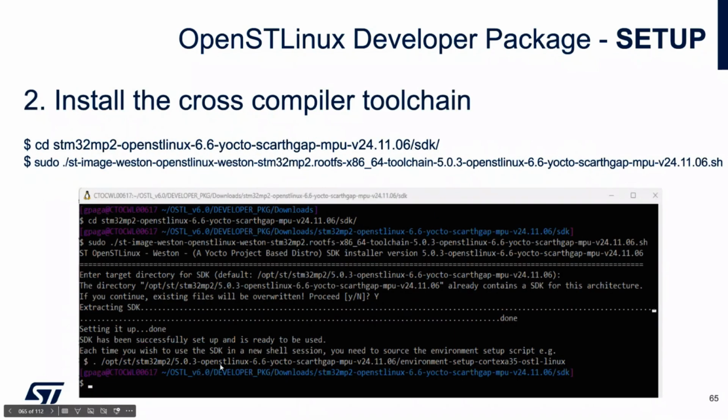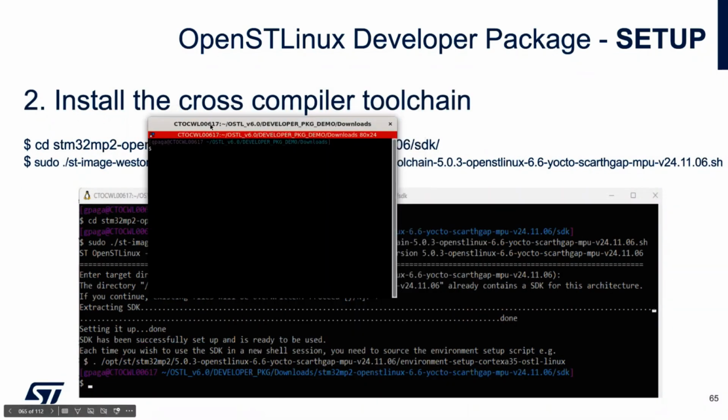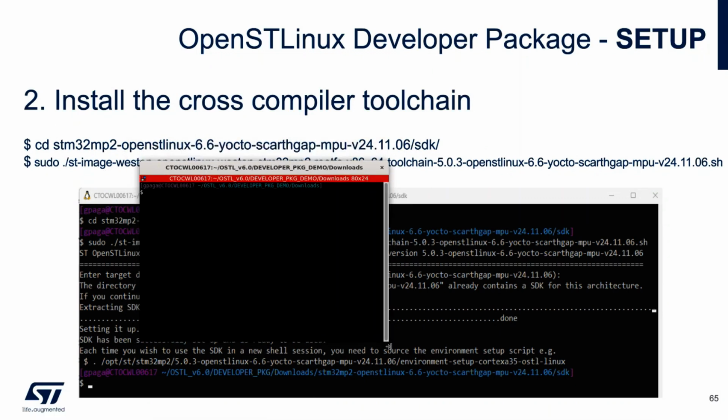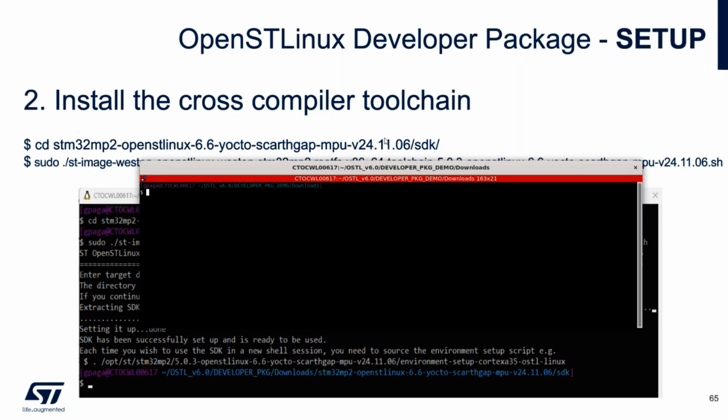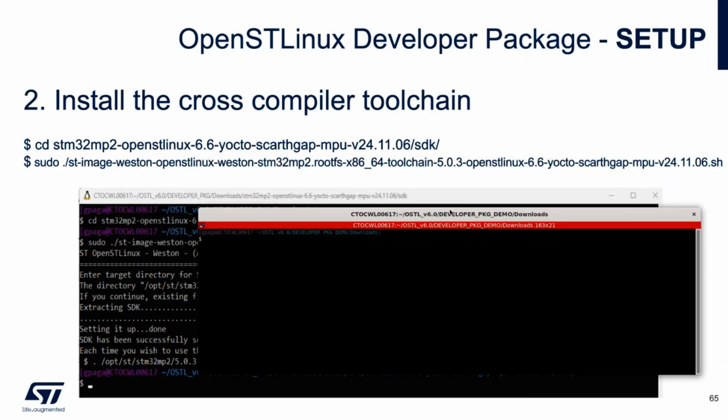Next step, install the cross compiler. Okay, I'm going to use my Terminator. Okay, from here, cd STM32, okay, SDK.